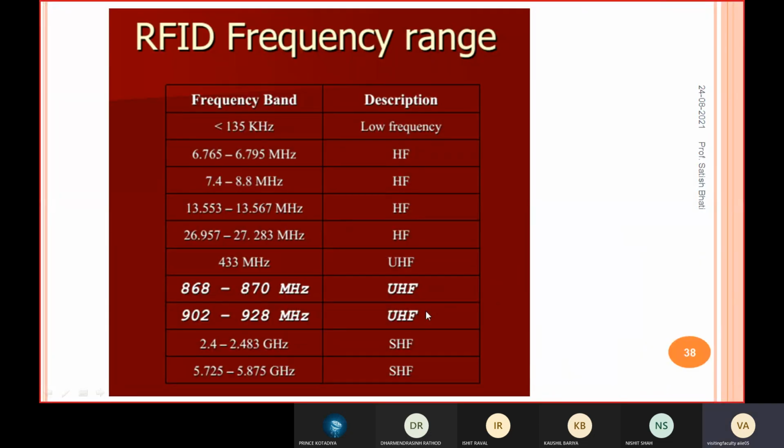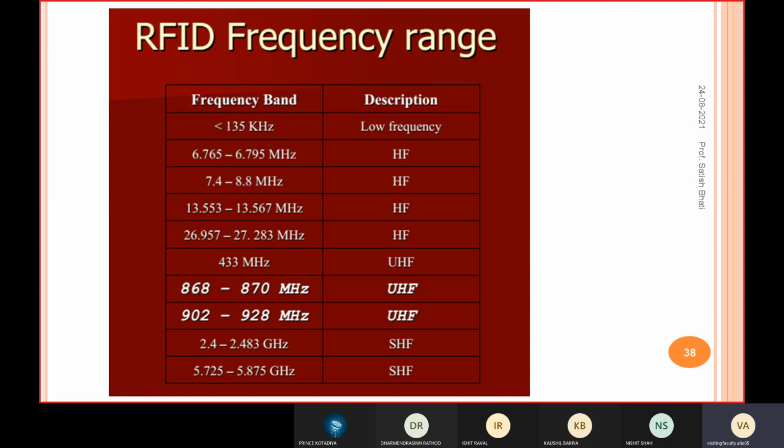LF means low frequency, the frequency which is less than 135 kilohertz. Then HF means high frequency. In high frequency, starting from 6.7 megahertz to 27.28 megahertz, right? So from 6 to 28 megahertz, this is the range of high frequency. That band is known as the high frequency band.